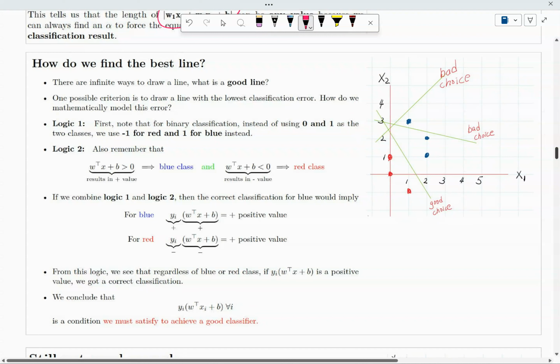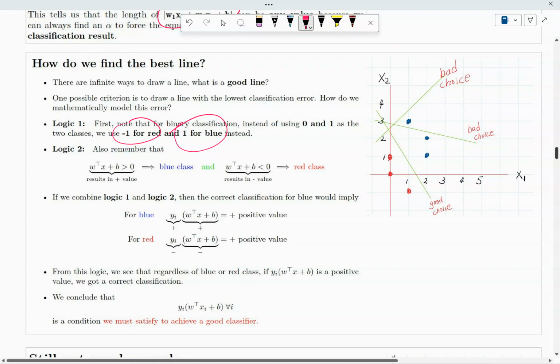Okay, so to do this, we need to have two logics. Okay, logic number one. Note that in binary classification, previously you may have done logistic regression, which is 0 and 1, right? So in this particular case for SVM, we're going to set it up so it's not 0 and 1, it's negative 1 and 1. Okay, so negative 1 for red and 1 for blue. Okay, so that's logic number one.